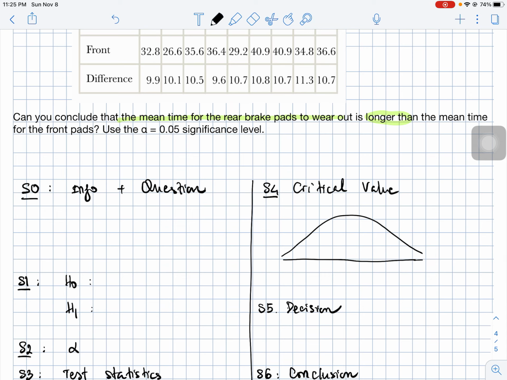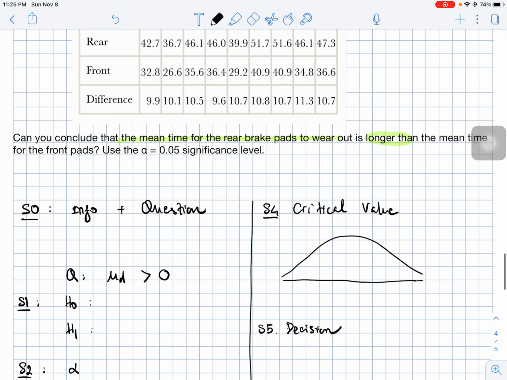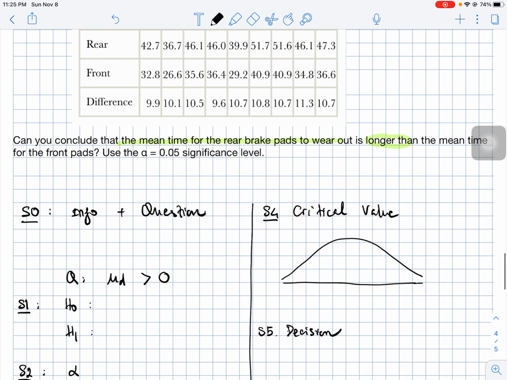So for the question in step 0, we want the difference for the population, the average difference, which is mu d, to be positive. The sample of 9 of them gives positive numbers, but we want to check if the population is also positive.